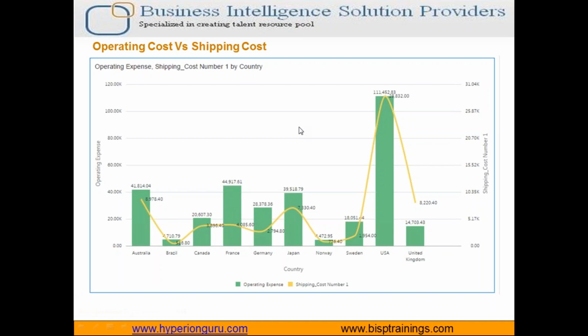Maybe salary is six digits, in the hundred thousands, and your age is between 20 and maybe 60, and therefore when you compare 100,000 to 60, your age line chart will display at the bottom, and it actually loses the purpose of data visualization. In such scenarios, it makes sense to do a dual axis chart.